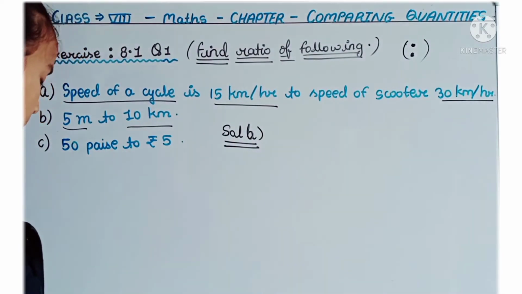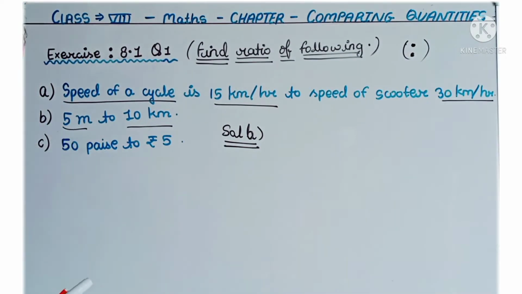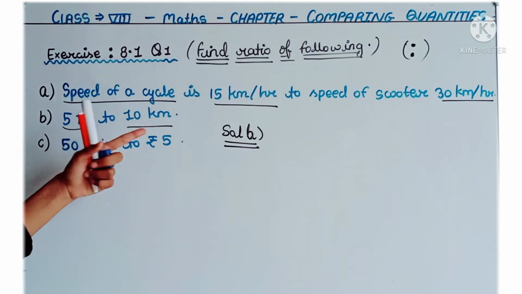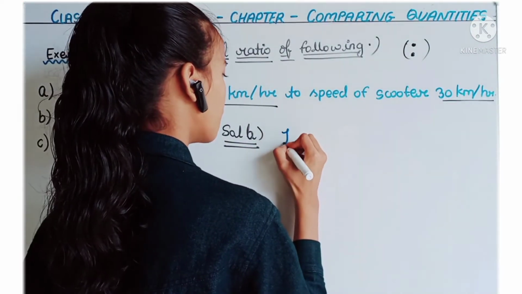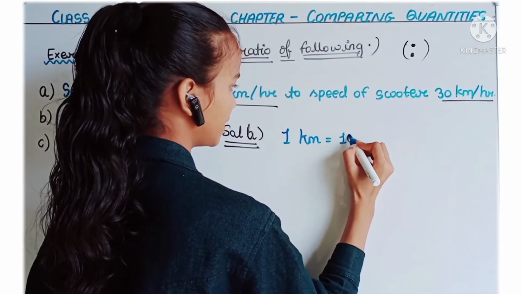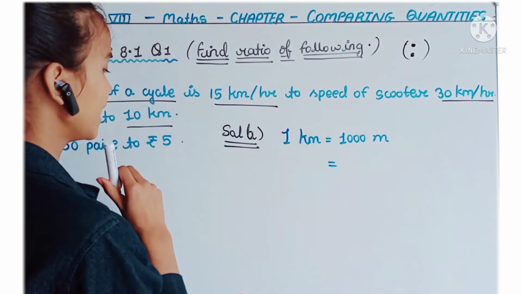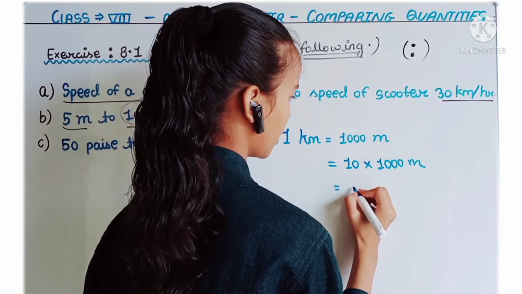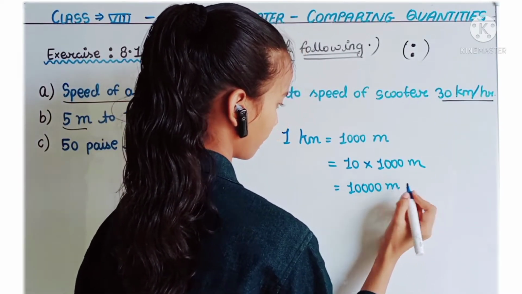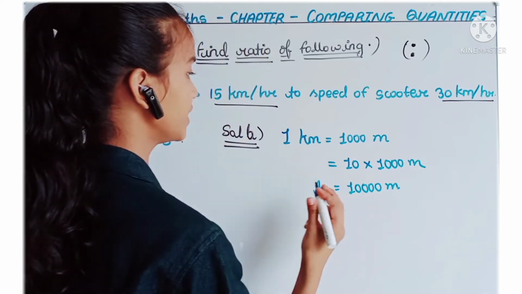So before solving this question, we will convert one of the given quantities, either kilometers to meters or meters to kilometers. If we change 5 meters to kilometers, the question seems difficult, so we will convert 10 kilometers to meters. 1 kilometer is equal to 1000 meters, so 10 kilometers into 1000 meters gives 10,000 meters.